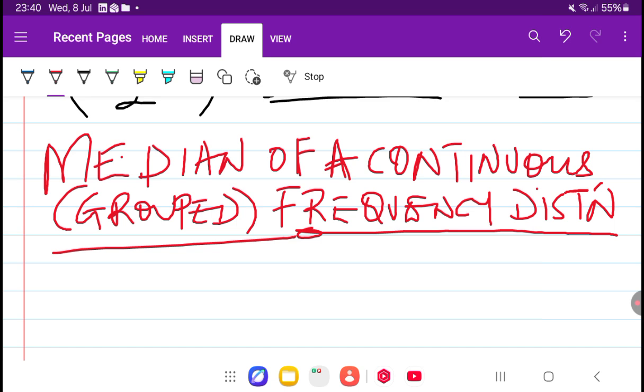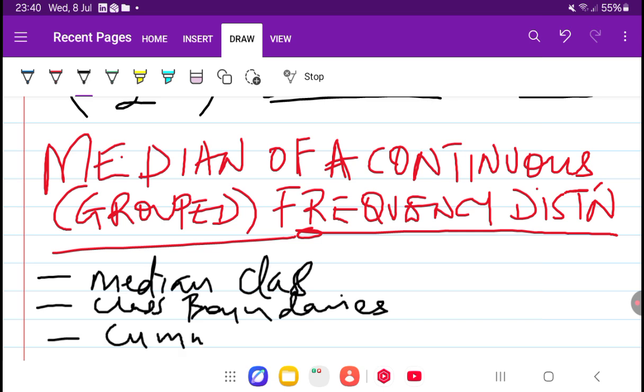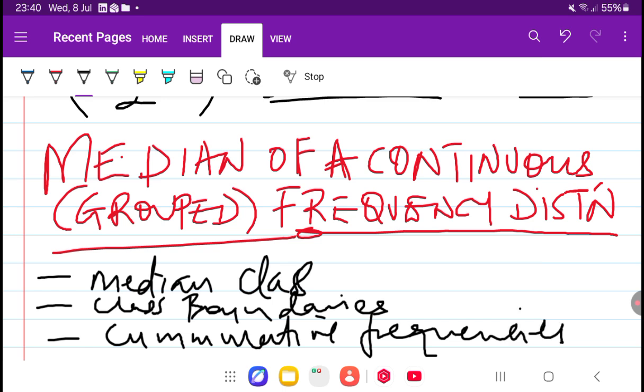So in this, what is going to be very different is the fact that we are going to look at the median class. We need to identify the median class. Then two, we get the class boundaries, and then the cumulative frequency. Once we know these values, then we can compute the median of a grouped frequency distribution.